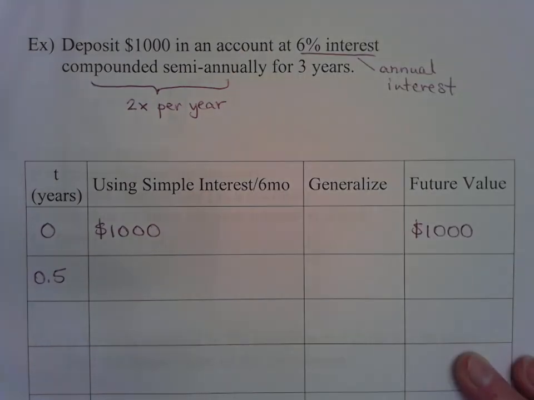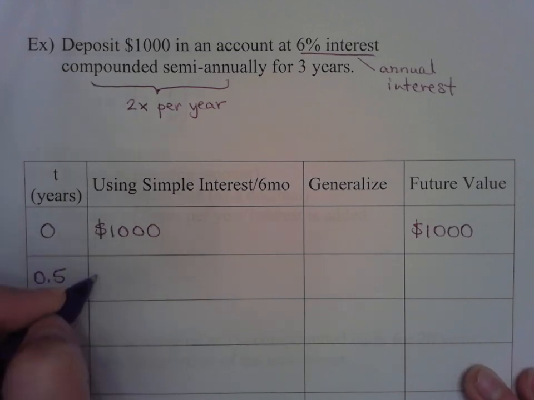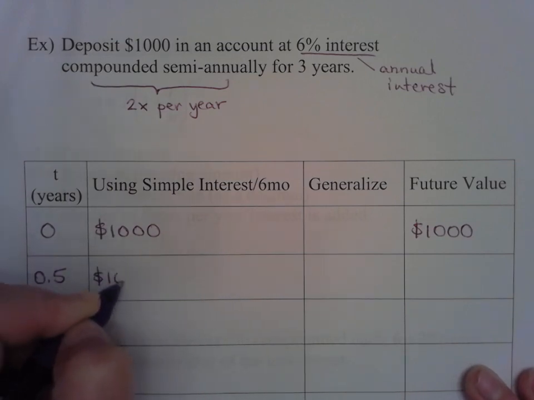So even though I'm calculating my interest 2 times per year, I don't get 6% and then another 6%. That would be really awesome in terms of earning interest, but it doesn't work that way. So we divide up the annual interest into equal parts, right?